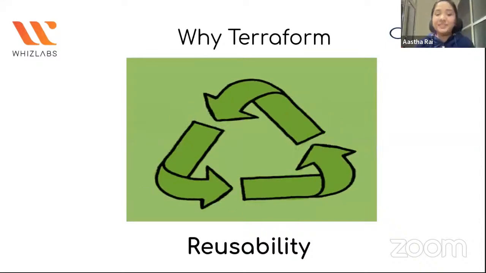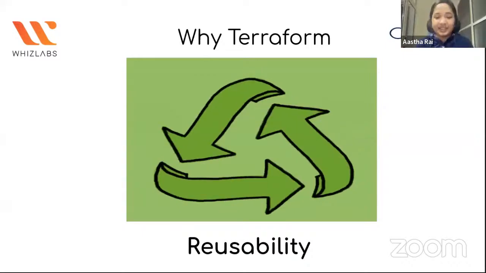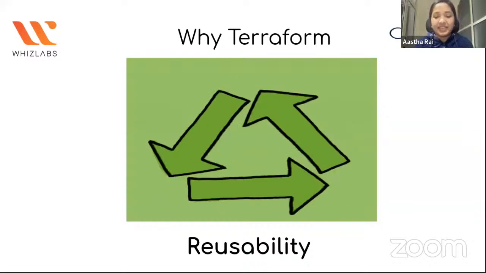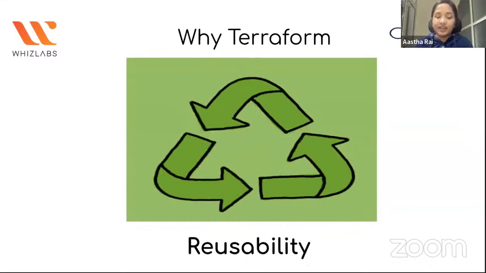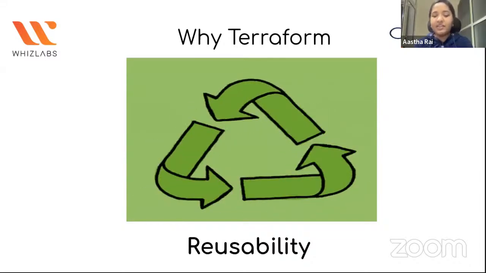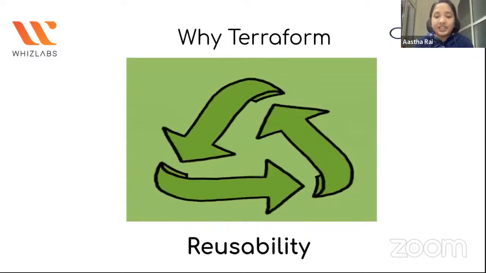Reusability. Mehul mentioned a scenario before, where they have to provision multiple infrastructures for the same team, but with different variables. For example, you need a prod infrastructure, and you also need a pre-prod infrastructure, then also a staging infrastructure.